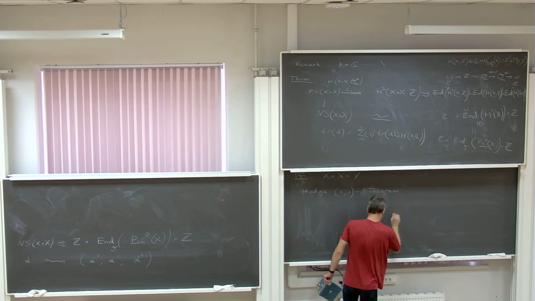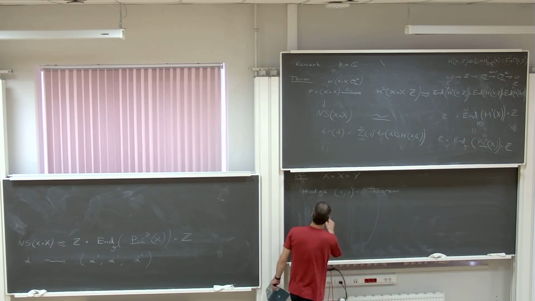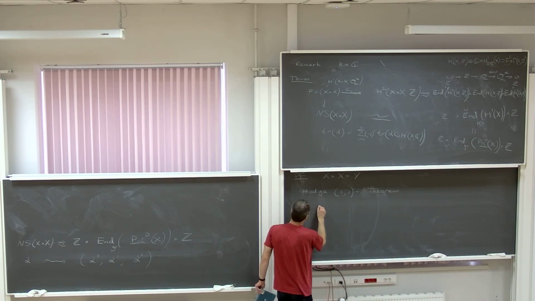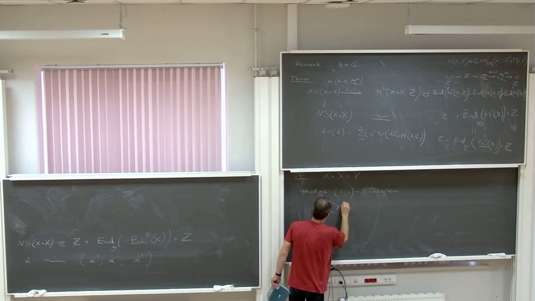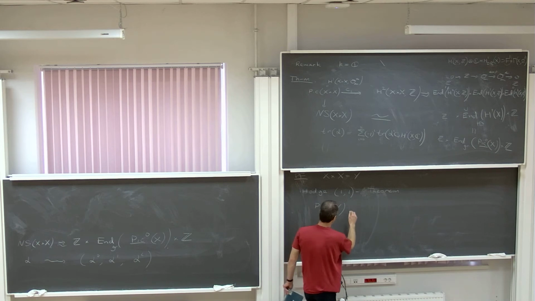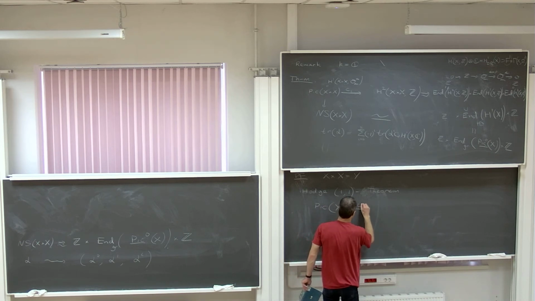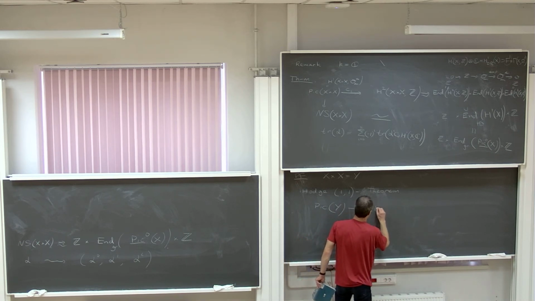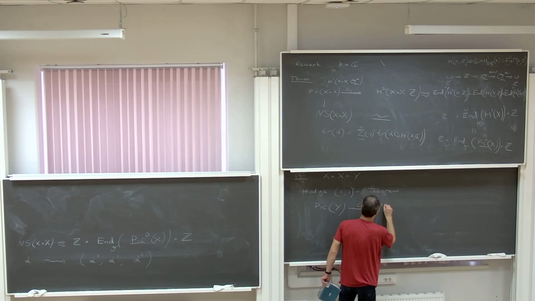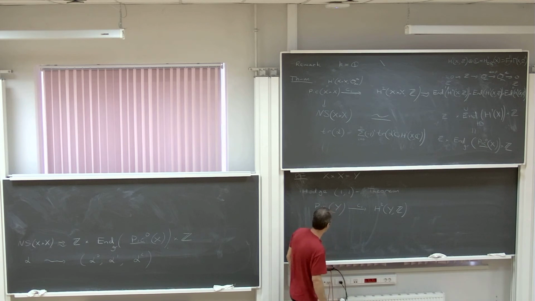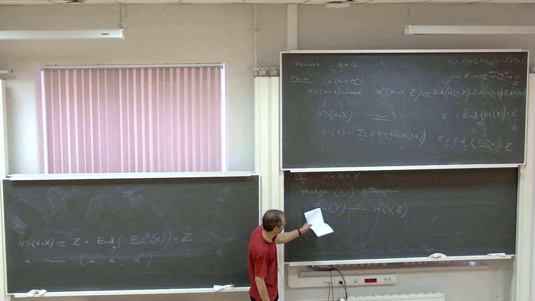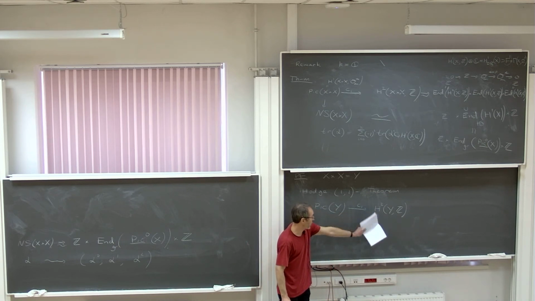And it describes the Picard group of Y, right? Y is x times x, and you have this Chern class map to H2 of Y with integer coefficients. So the Hodge theorem describes the image of this map.